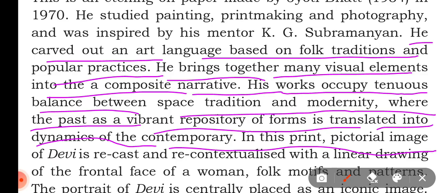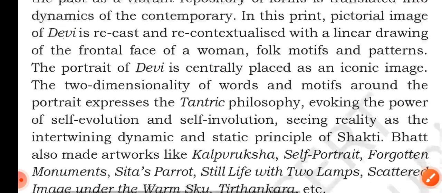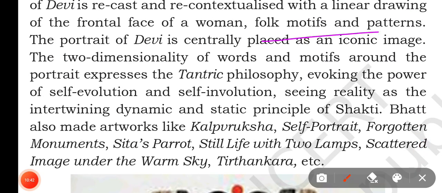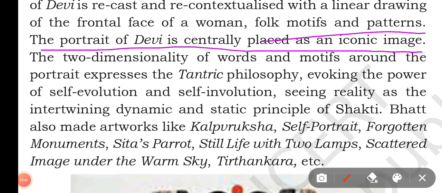In this print, the pictorial image of Devi is recast and recontextualized with a linear drawing of the frontal face of a woman, folk motifs and patterns. The portrait of Devi holds a central place as an iconic image.